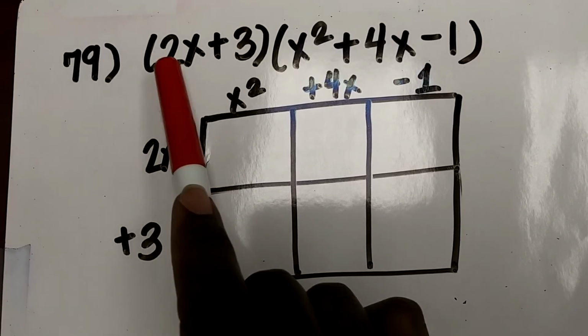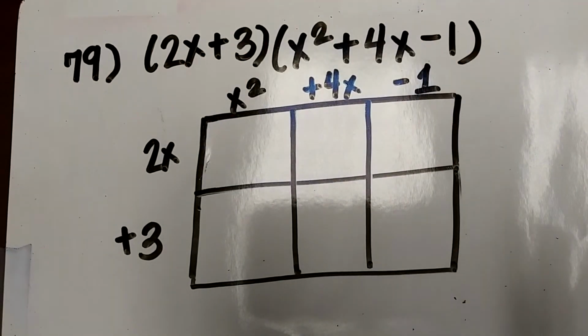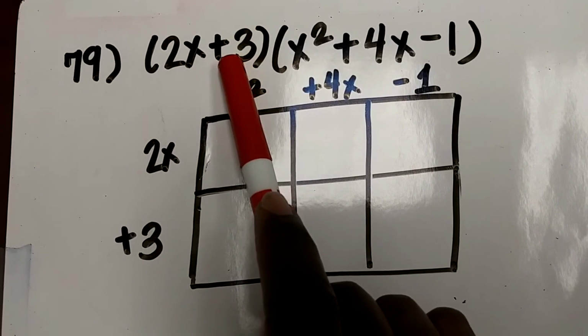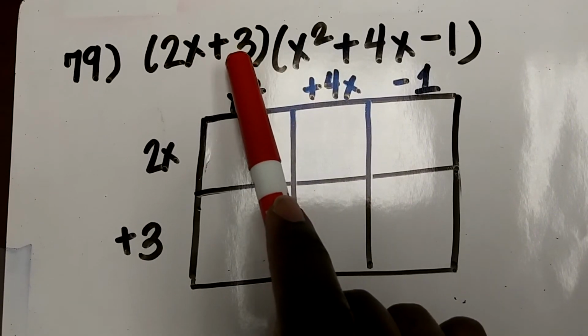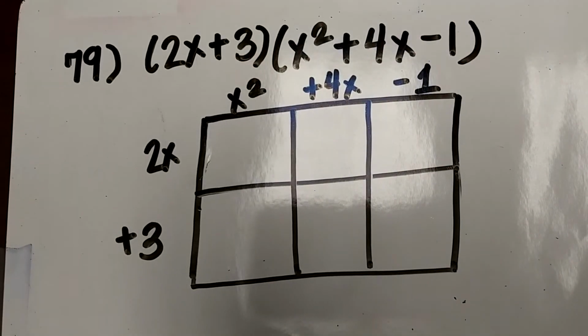All you have to do is say 2x times x squared, 2x times 4x, 2x times negative 1. Write those terms down. And then you go back and say 3 times x squared, 3 times 4x, and 3 times negative 1. And write those terms down and then combine like terms. But me personally, I like the box method because it's quick and easy and I can see everything I need to see to find my answer.